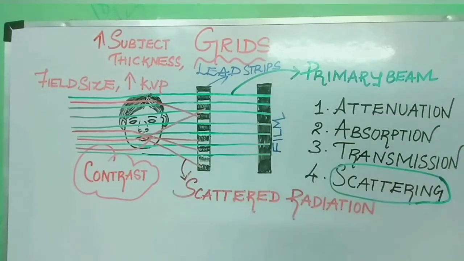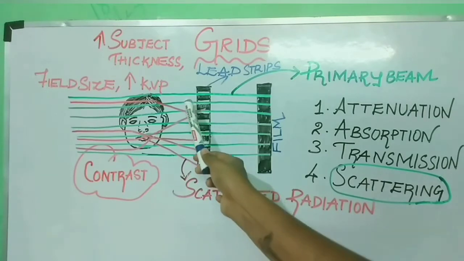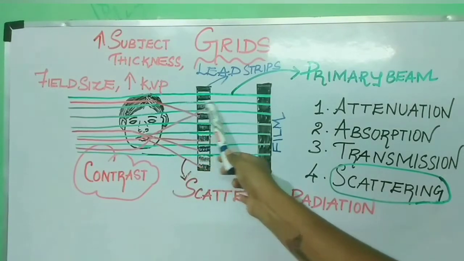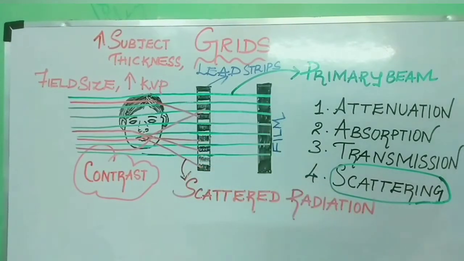So it allows only the primary X-rays to reach the film through the X-ray transparent interspace material. The secondary or scattered radiation, which is traveling in all directions, is absorbed by these lead strips. So what is the purpose of grids? Grids are used to prevent scattered radiation from reaching the film.